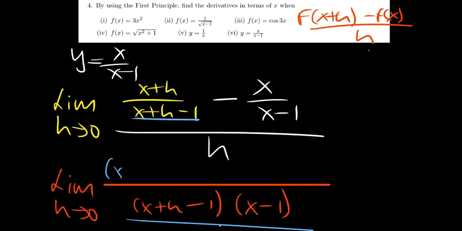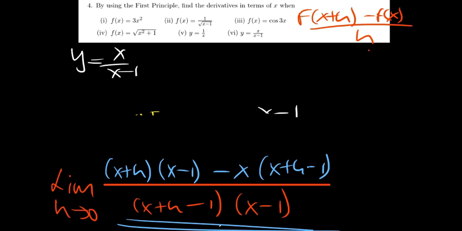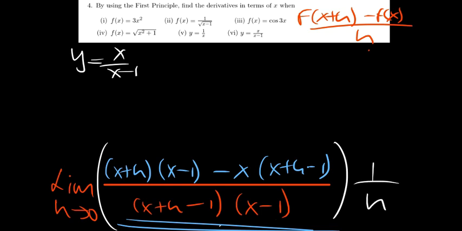So it will be x plus h, which is already there, multiplied by the x minus 1, and then minus the x, which is already there. If you divide that into this again, you remain with the other part, x plus h minus 1. Okay, we're getting a step closer. Don't forget we're dividing by h the entire part, so that's as good as multiplying by 1 over h.